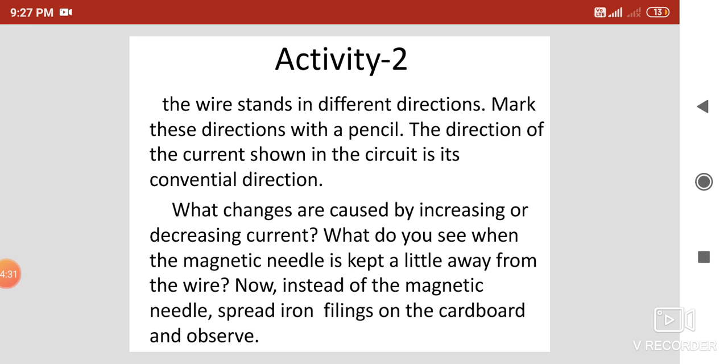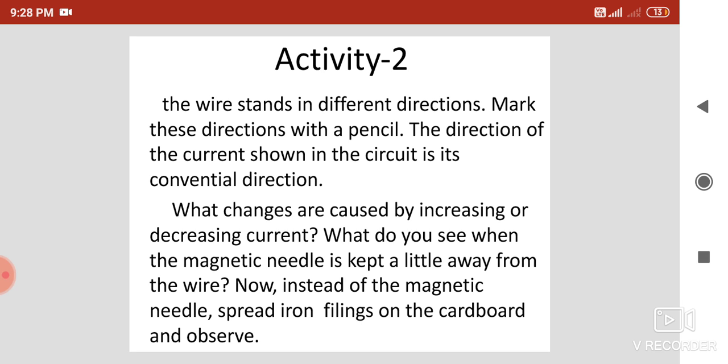As the magnetic needle gets deflected in different directions, we have to mark that direction with a pencil. Then also mark the direction of the current which is shown in the circuit. That direction of the current is called conventional current.